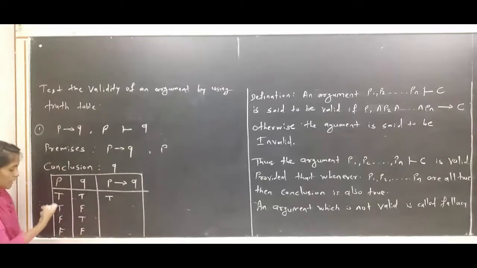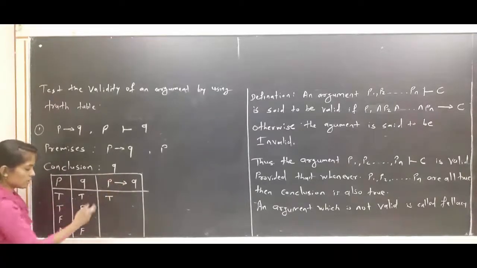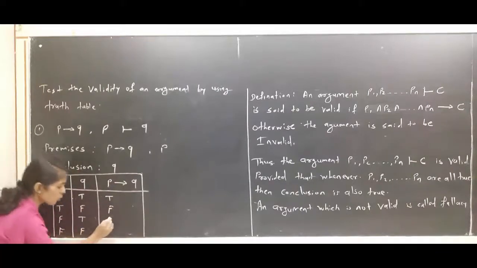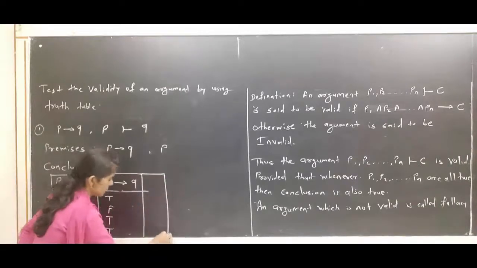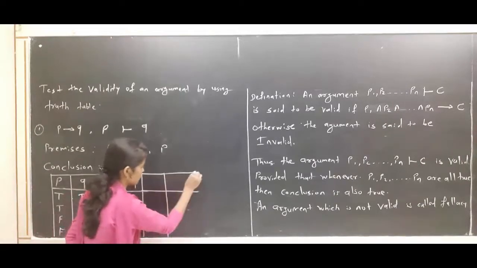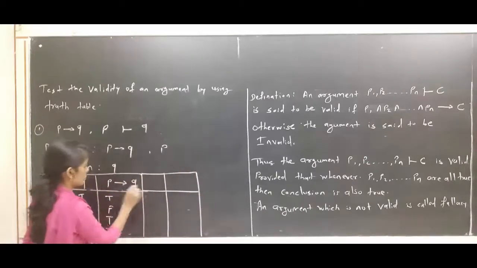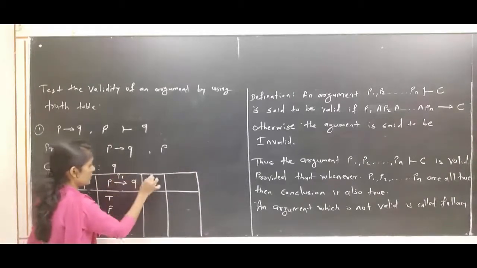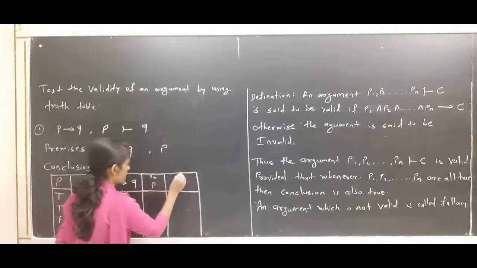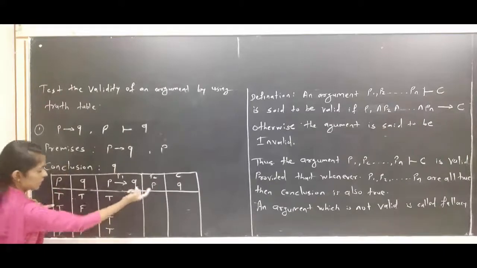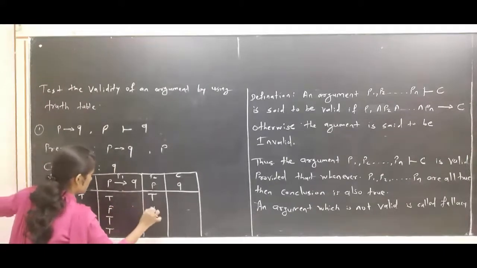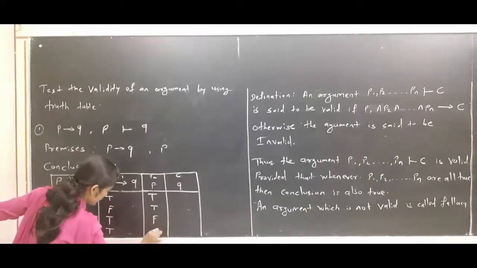When P is true and Q is false, then the conditional statement is false. Otherwise all are true. So we get T, F, T, T. Now we write the premises here and then the conclusion here. This is the first premise, the second premise is P and the conclusion is Q. So we write this column here so we understand it better.